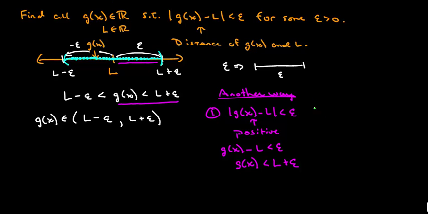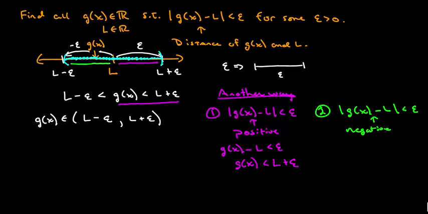So now let's look at the other side. We still have the absolute value of g of x minus L less than epsilon. However, in this case, what if it's not positive? What if it's negative? For it to be negative, g of x would have to fall over here on this side.